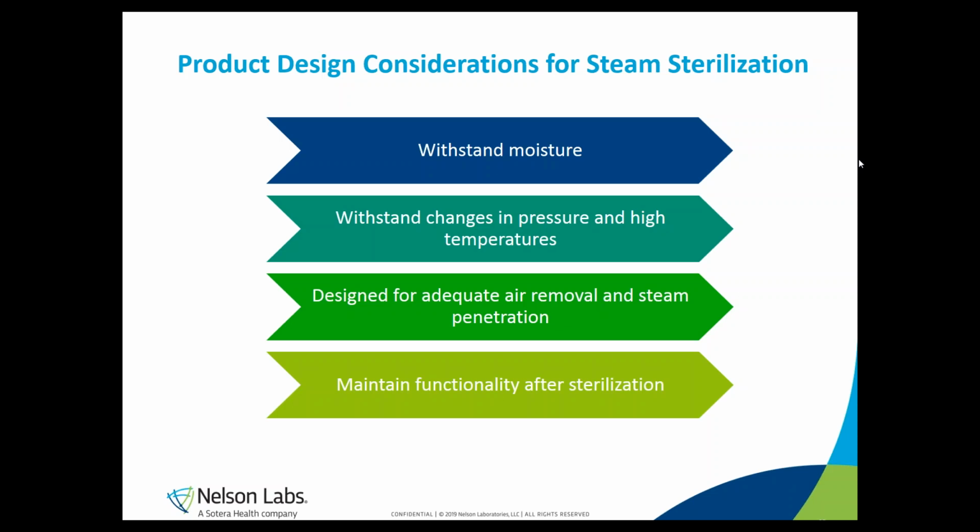So for steam sterilization, the materials should be resistant to heat, distortion, warpage, and corrosion. The materials should not only be able to withstand high temperatures, of course, but also changes in pressure. The design of the device should allow full steam penetration and should not hinder air removal or moisture elimination. The functionality of the device before and after steam sterilization should be exactly the same. That's also very important.